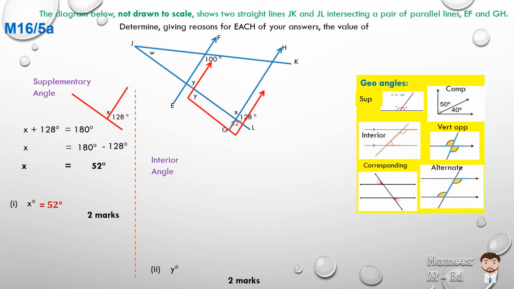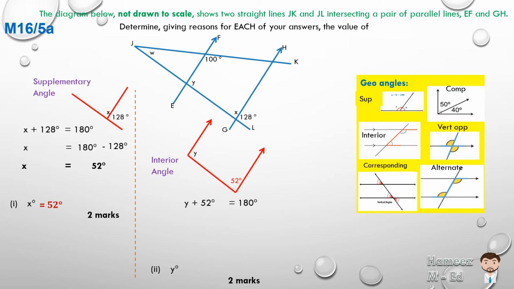And let's pull that out so you can see it better. And remember, EF and GH are parallel. So the 2 angles there will be considered to be interior angles. And what's the rule for interior angles? They add up to 180 degrees, just like supplementary. So we can substitute y plus 52 is equal to 180.